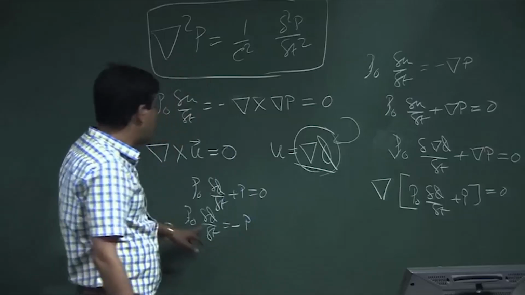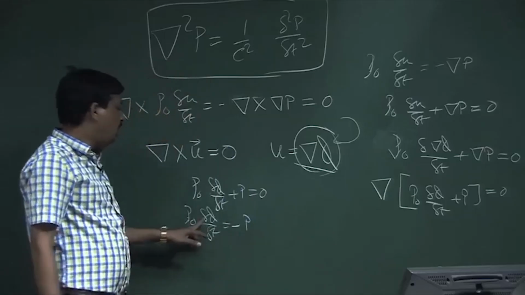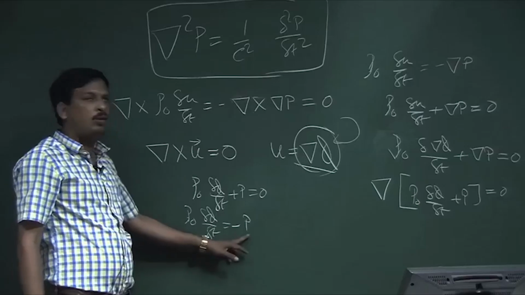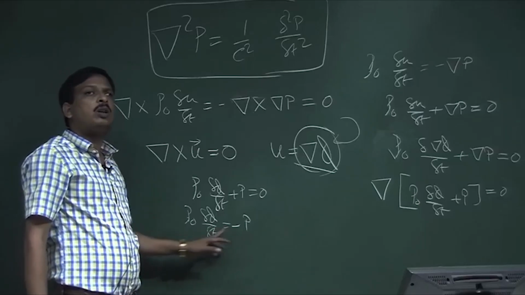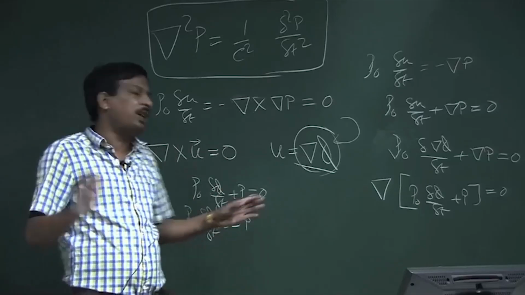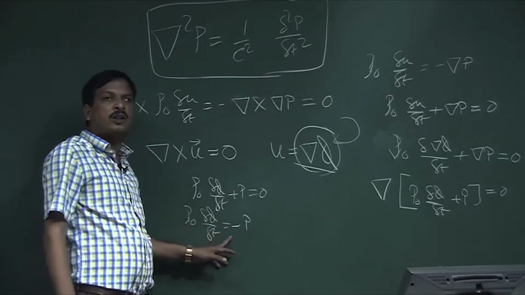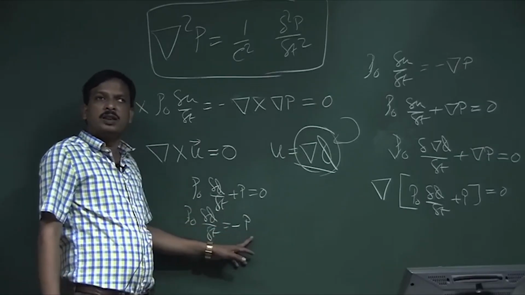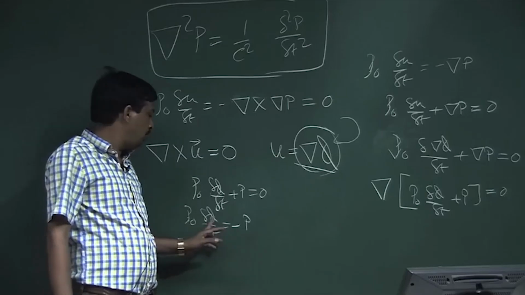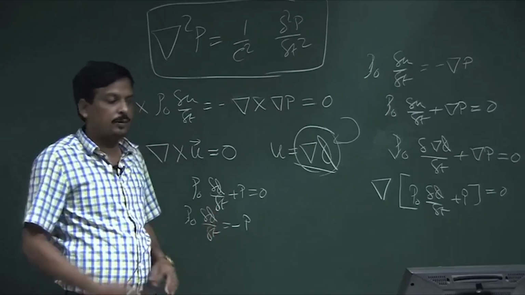This relation for the velocity potential will be used in the wave equation. That is why I said phi is the velocity potential.